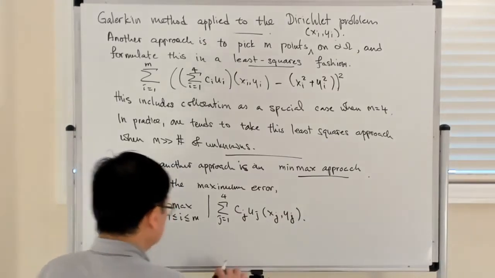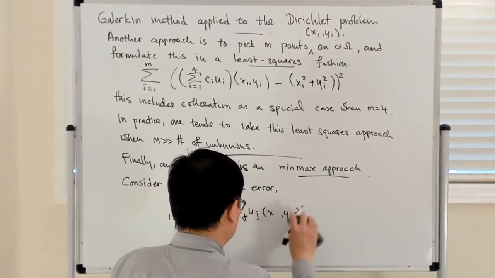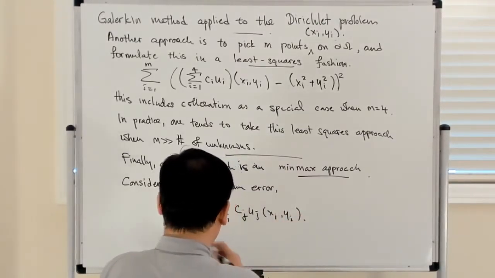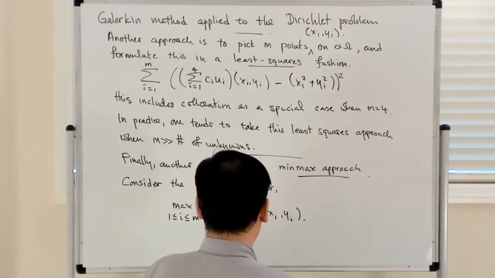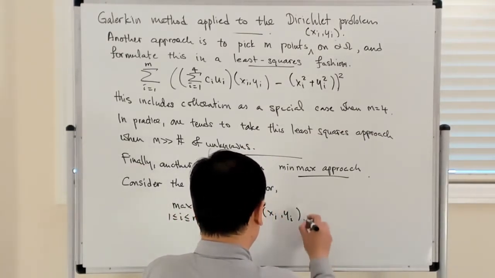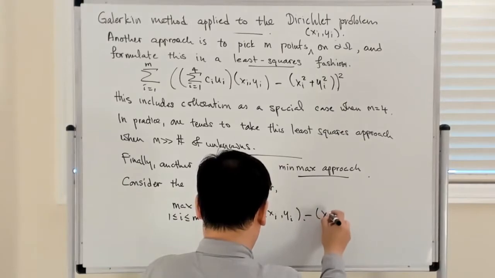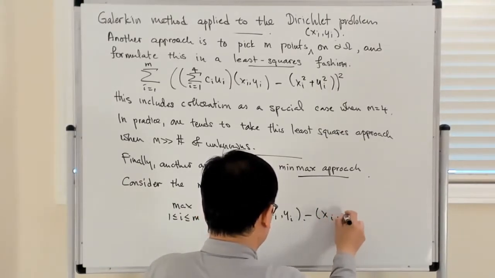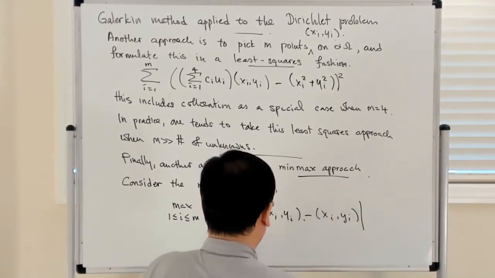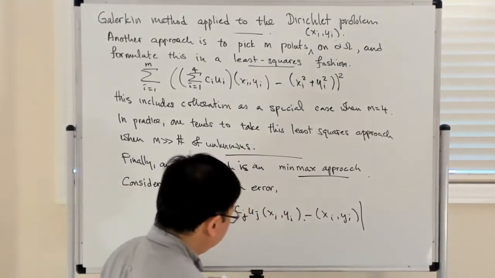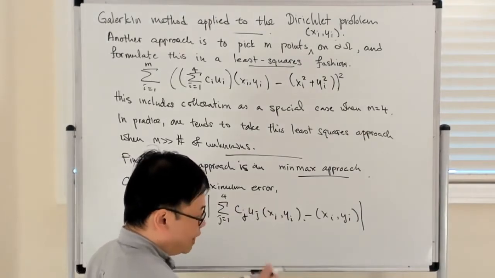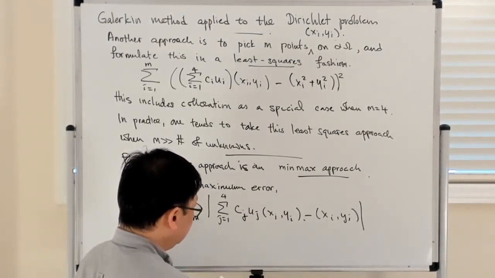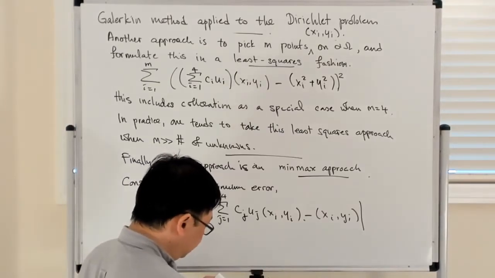This is just a pointwise error, and I want to look at the maximum error you have over the data, over the points.